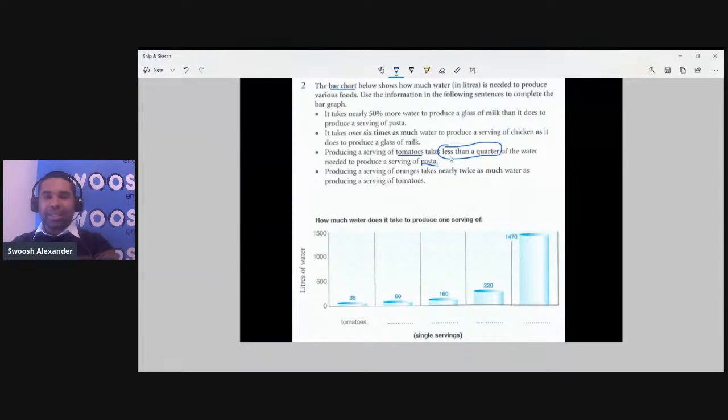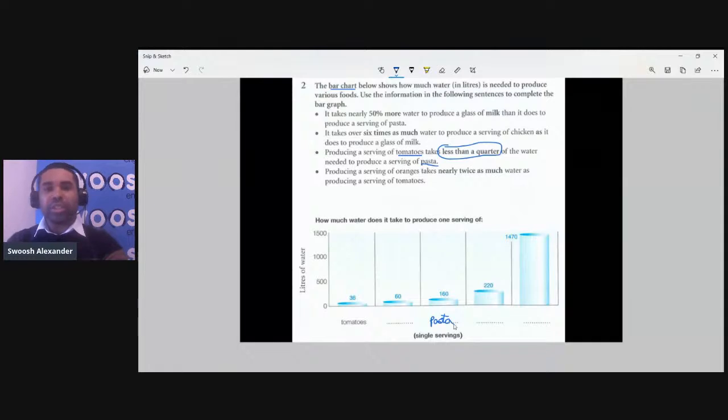So tomatoes takes less than a quarter of the water needed to produce a serving of pasta, which means that producing pasta requires more than 4 times the amount of water to produce a serving of tomatoes. This would mean that the value for pasta would be, according to this description, 160. So we can write that just in here, because 36 is less than a quarter of 160.